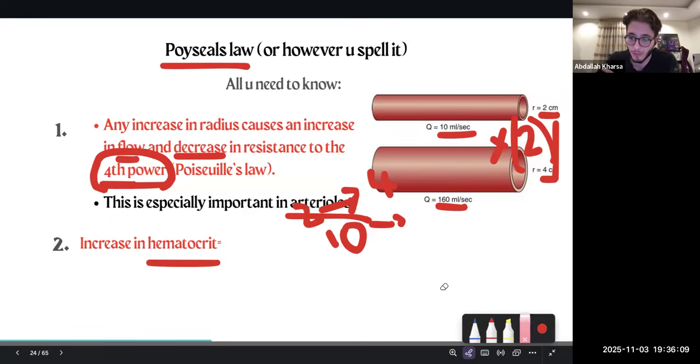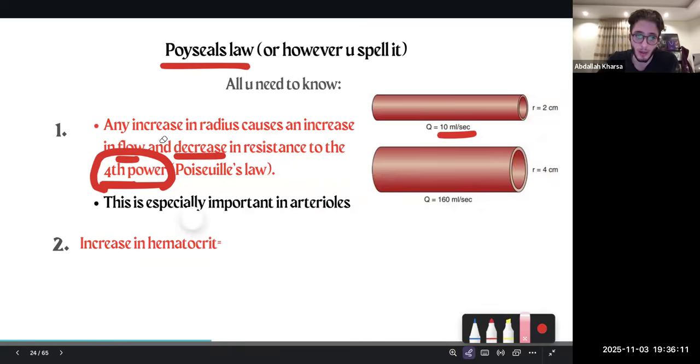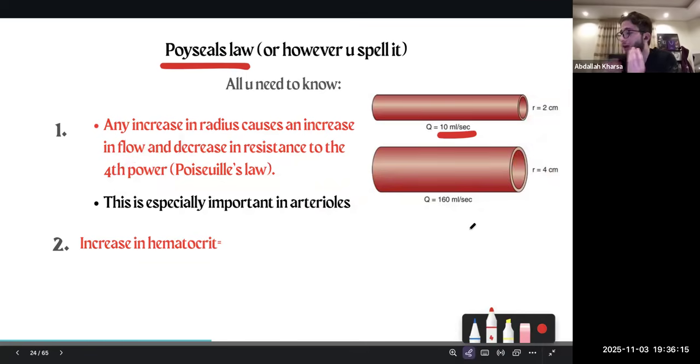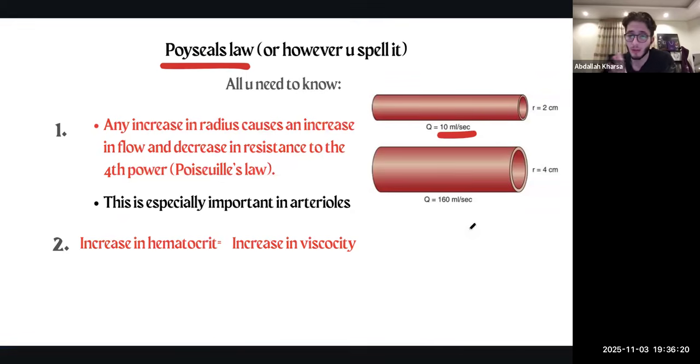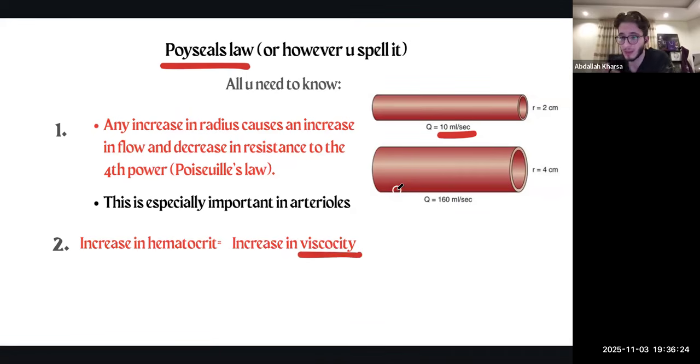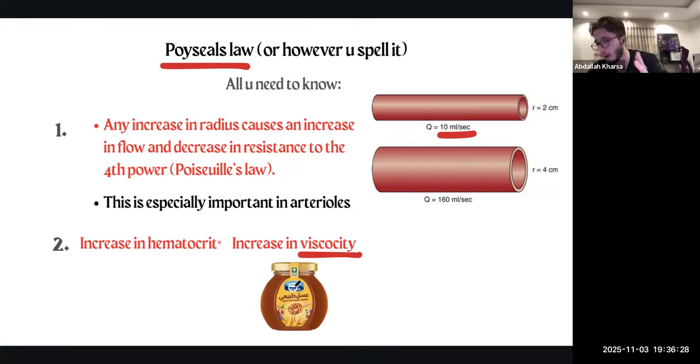Let me just erase. From Poiseuille's law, if you increase the hematocrit, so you're increasing the solid bits of your blood, the viscosity is going to increase. What's the viscosity? It's basically the thickness of the blood. I want you to think of honey. Honey is very viscous, it's thick, unlike water.